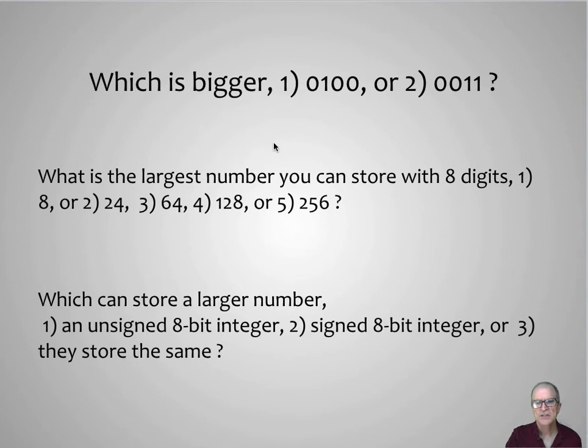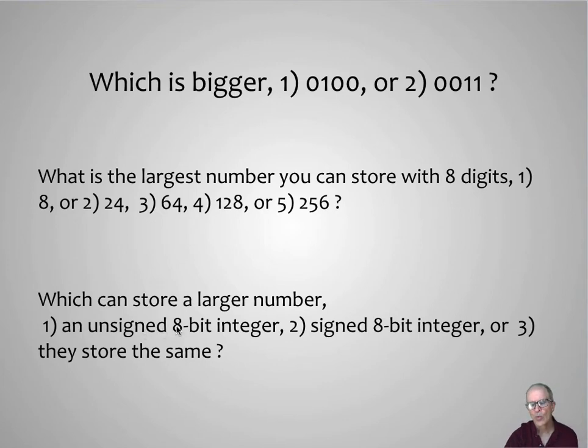The question is like, which is bigger, this number or this number? Well, clearly the 100 in binary is bigger than the 11 because you have more things to the left. What's the largest number you can store with 8 bits, right? It's 2 to the 8th power, ends up being 256 unless there's a sign bit, right? Which can store more, an unsigned 8-bit or a signed 8-bit, right?